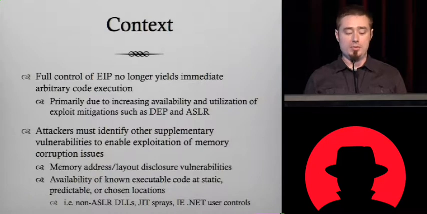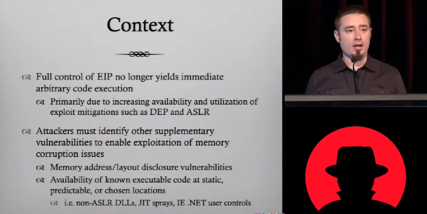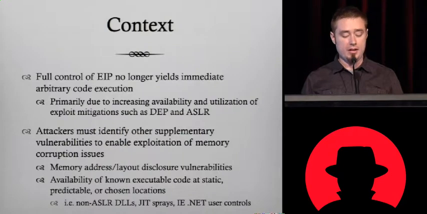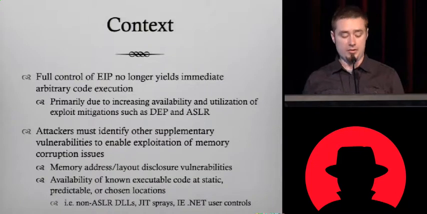And so this stage between full control of EIP and running your Metasploit payload or whatever is the return-oriented exploitation stage. And so what this means is that attackers now must identify supplemental vulnerabilities or other issues in order to enable the exploitation of the memory corruption vulnerability that they found.